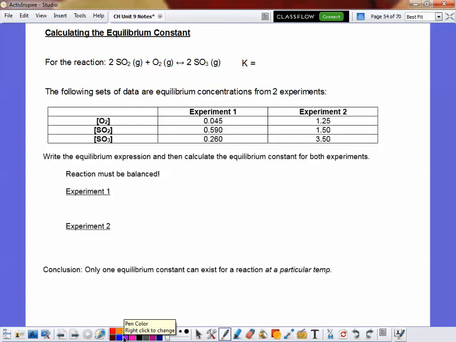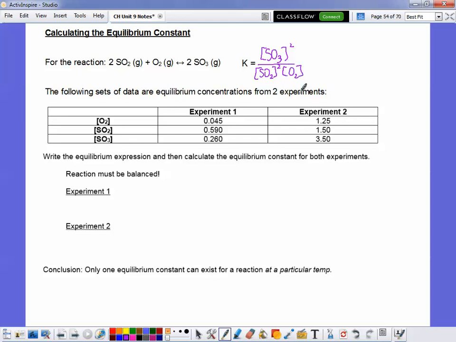Plug in the numbers that I've given you. So we have this reaction, which might look familiar because it was number 1 from the previous page. We need to write the equilibrium expression of that reaction, which we already did, and it was SO3 squared over SO2 squared times O2.